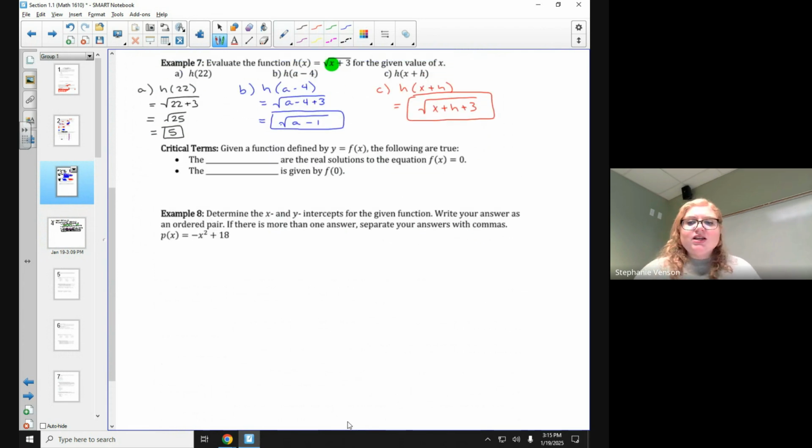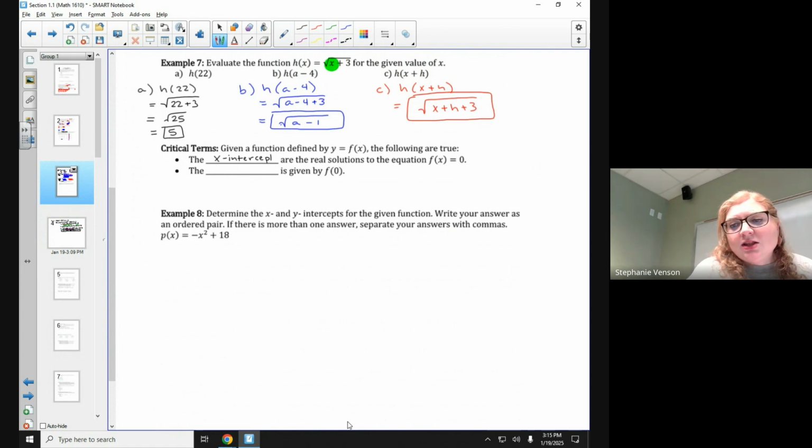It says, given a function defined by y equals f of x, the following are true. The x-intercepts, that's your first blank, are the real solutions to the equation f of x equals 0. The y-intercept is given by f of 0.